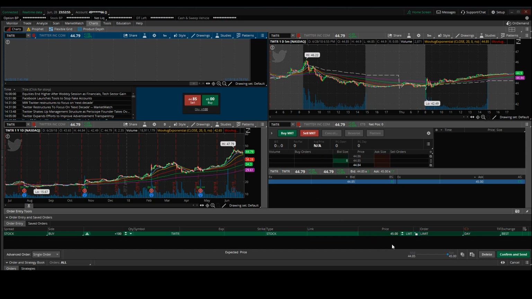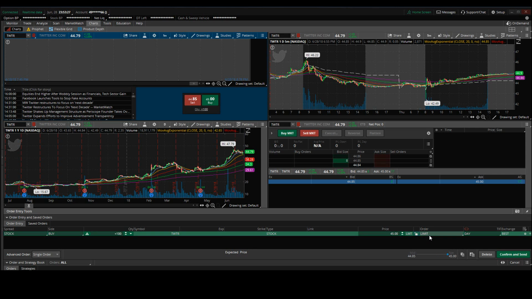So if you're just wanting to buy right into the ask on the level 2, you would just keep that open, and it'll just jump around with whatever the price action is going on at that moment in the market. And you'll come over here, you'll click confirm, and it'll bring up a little review box, and then you'll hit submit, and then you'll purchase your shares.